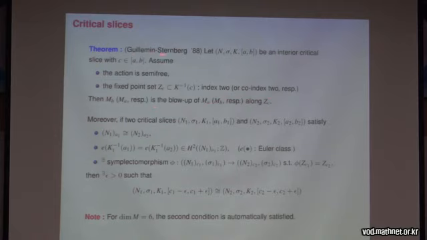Then Guillemin and Sternberg proved that the reduced space at level B is the blow-up of MA along this fixed point set. Moreover, if two critical slices satisfy three properties that I will explain in a minute, then the slices are actually equivalent after reducing this interval appropriately.